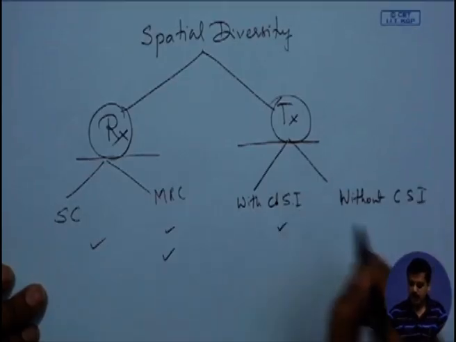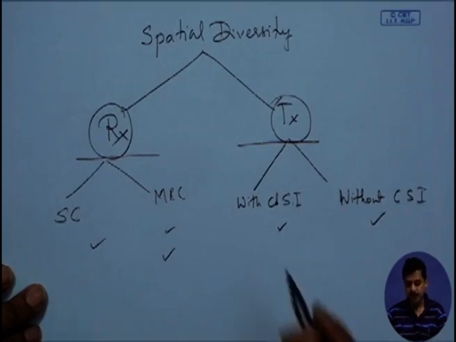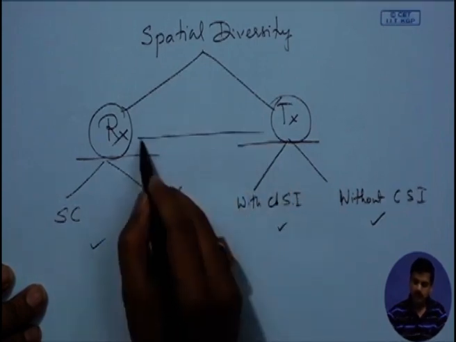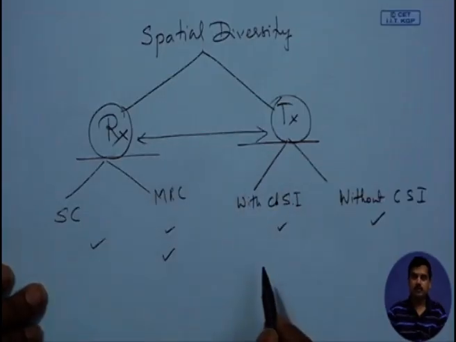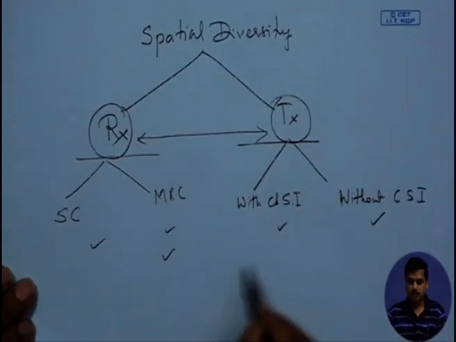We will take a look at the with channel state information as well as without channel state information. And finally, you could obtain diversity gains by using both transmitter and receiver at the same time. We will also have a look at that slowly in the few lectures to come.